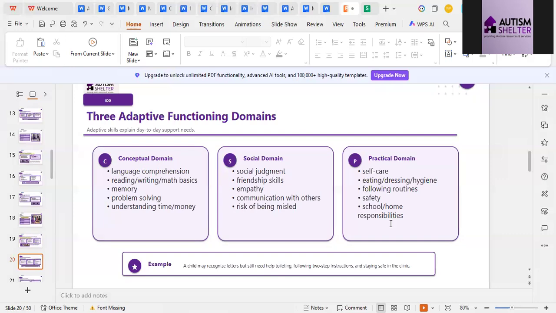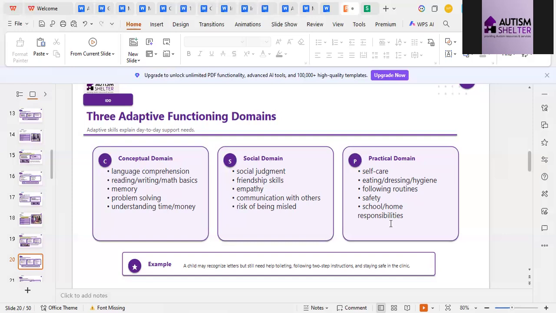Language comprehension, reading, writing, basic maths, memory, problem solving, understanding time, money. These are the concepts. Concepts should be cleared. How conceptually intelligent are they? These things matter a lot.